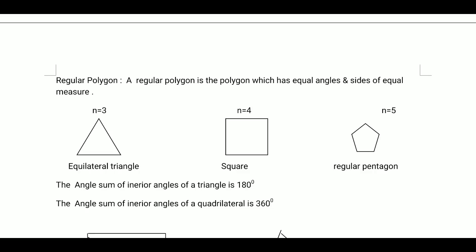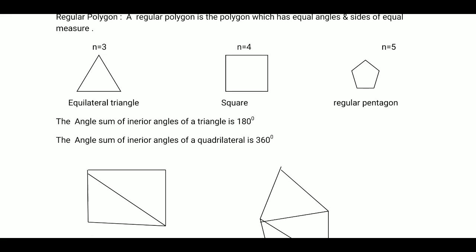Similarly, if a pentagon has all sides equal and all angles equal, it is called a regular pentagon. And similarly a hexagon may be called a regular hexagon if it has all angles equal and all sides equal.